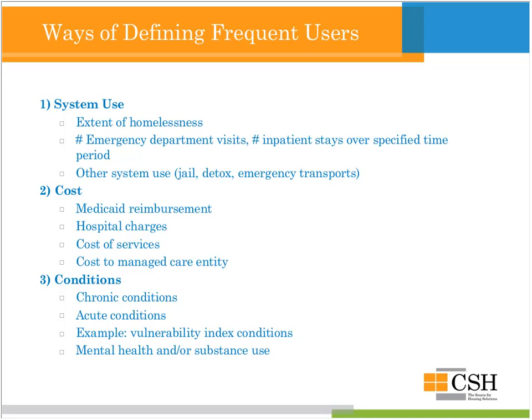So targeting just based on system use and cost will inherently capture a frequently using population that has high rates of mental illness and substance use, as we'll learn about in the next couple of slides. But if your funding streams are specifically for those with mental health diagnoses, then you might add that, or a disabling condition more broadly, to the eligibility criteria.